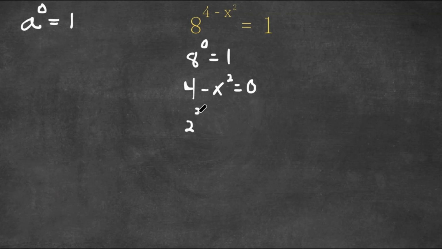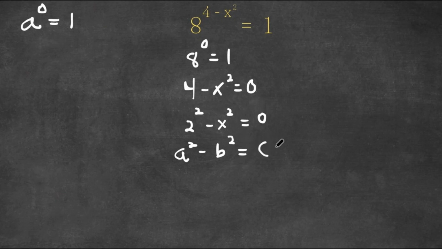So we have 2 squared minus x squared equal to 0. And if we have something in the form a squared minus b squared, this is equal to a plus b times a minus b.